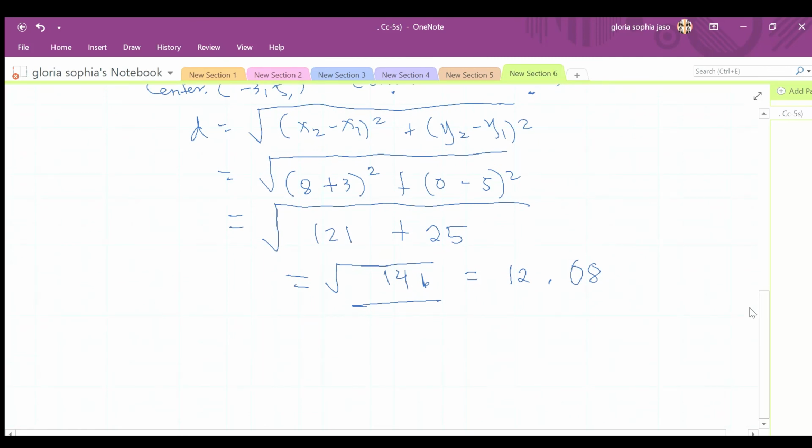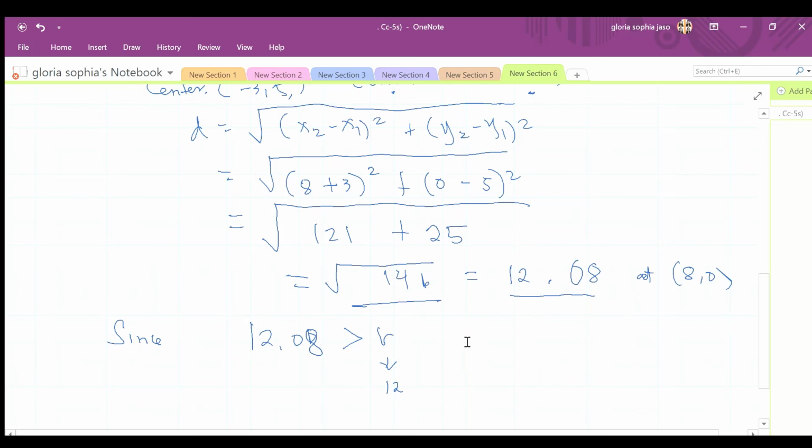So, what is our conclusion? Our radius is 12, and the distance from the given point (8, 0) to the center is 12.08. Since 12.08 is greater than the radius r, what do you think, class? Is it inside the service range or outside?